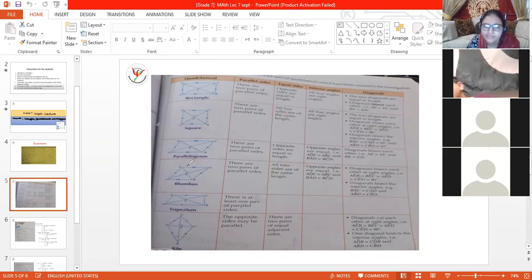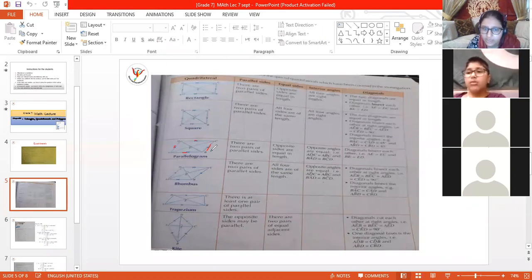Now the third one is the parallelogram. What is a parallelogram? In a parallelogram, the opposite sides are equal in length, same as the rectangle. This one and this one are equal, this one and this one are equal, and there are two pairs of parallel sides. And now the opposite angles are equal.